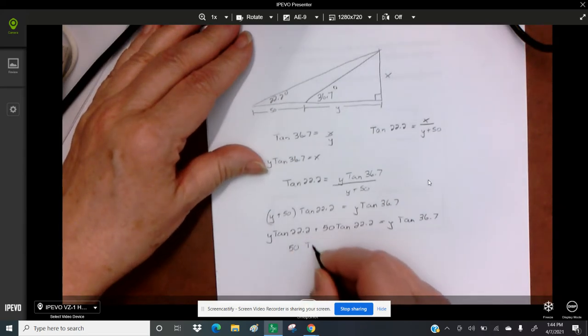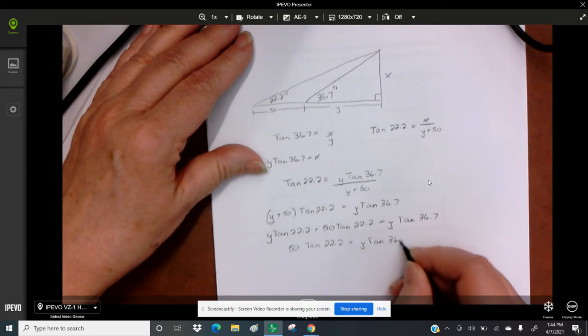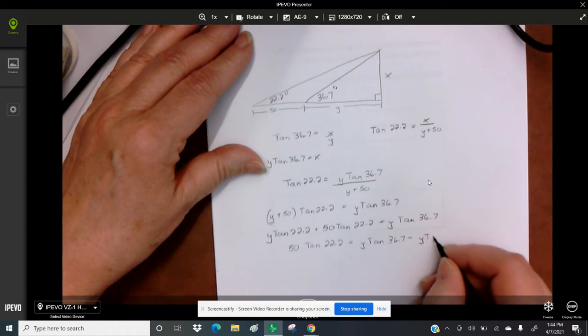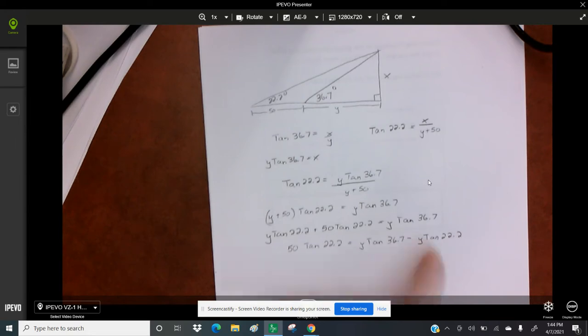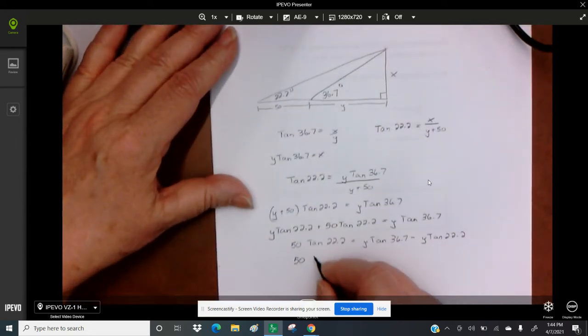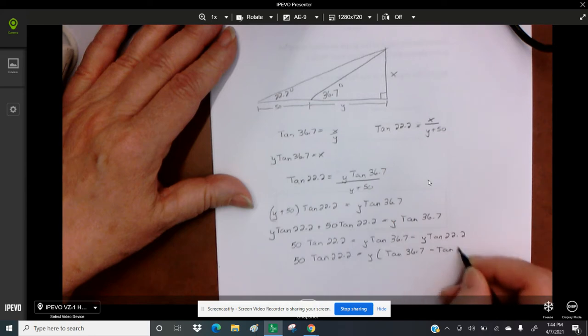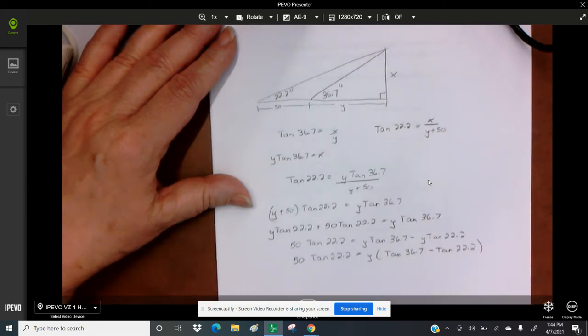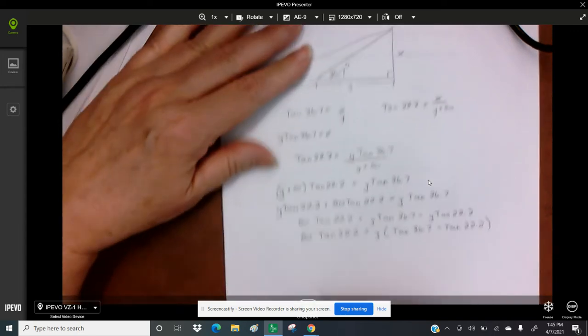I'm going to have 50 times the tangent of 22.2 equals y times the tangent of 36.7 minus y times the tangent of 22.2. I need to factor out a y to get it alone. And if I do that, I'm going to have y times the tangent of 36.7 minus the tangent of 22.2. And now if I divide through by what's in parentheses, I'll have y alone.